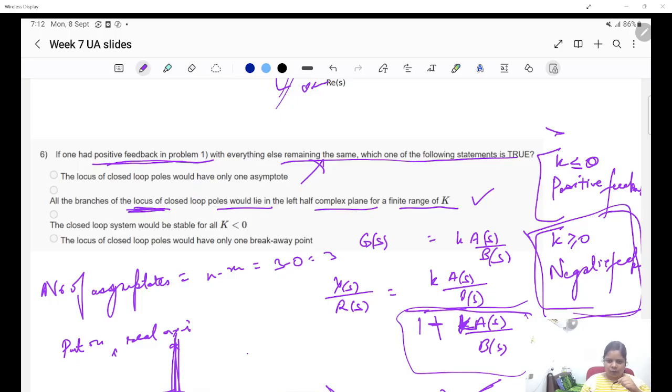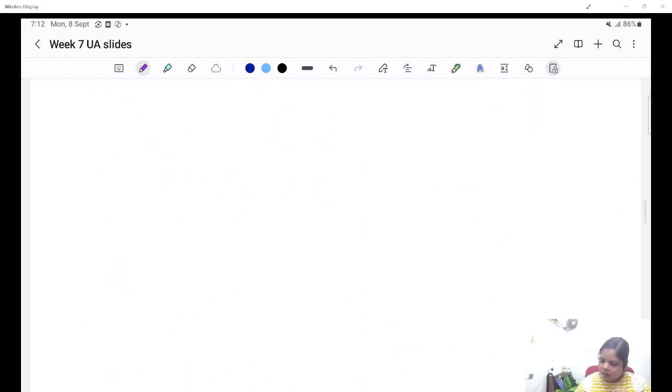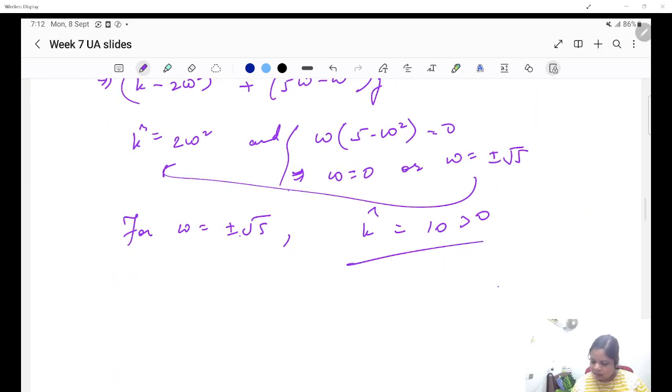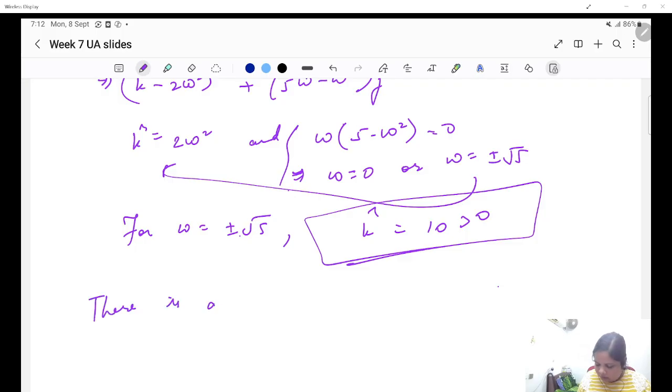That is how we attempted the question, right? So the condition of K being greater than or equal to 0 is satisfied here, which means there is a crossover point.